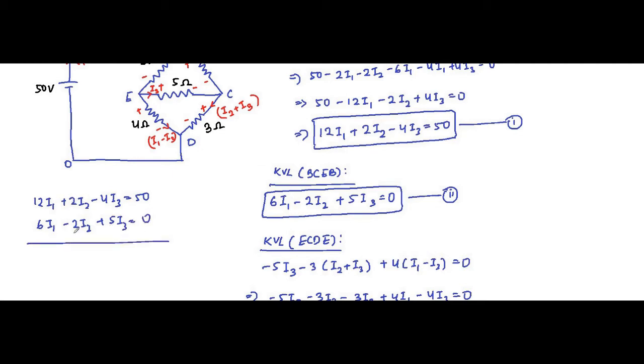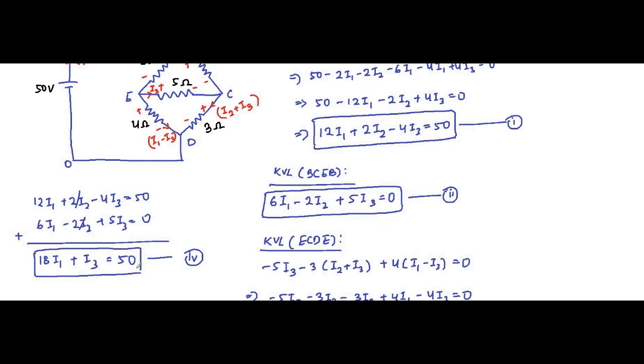Here plus 2I2 is there, here minus 2I2 is there, so if we simply add these, they get cancelled. This will become 18I1 plus I3 equals 50. Let's say this is equation number 4.